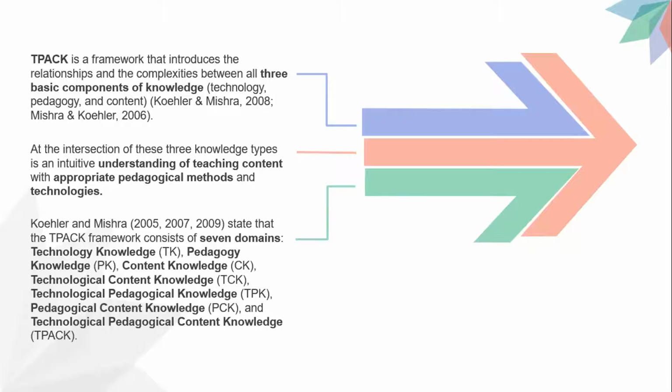So those 7 domains include technology knowledge, or TK, pedagogy knowledge, or PK, content knowledge, CK, technological content knowledge, TCK, technological pedagogical knowledge, TPK, pedagogical content knowledge, PCK, and above all is the TPAC, technological pedagogical content knowledge.